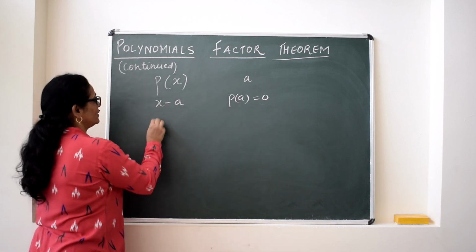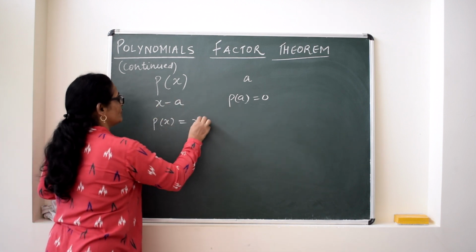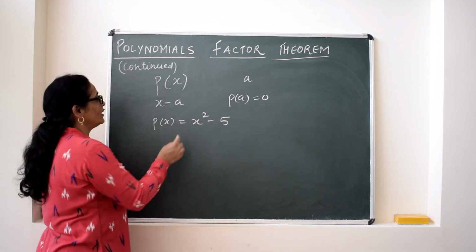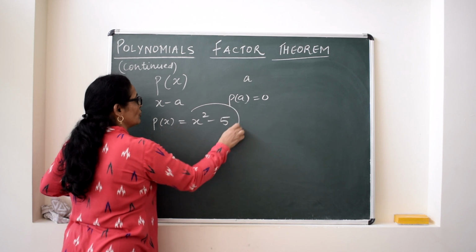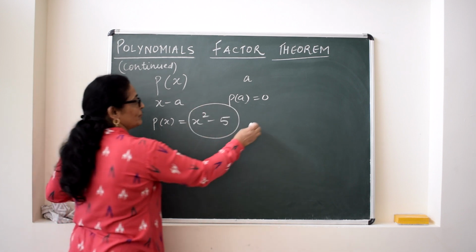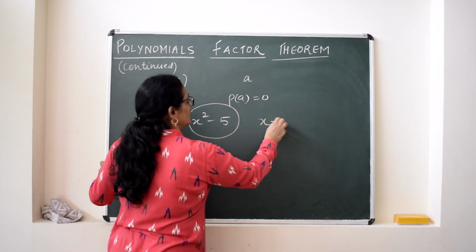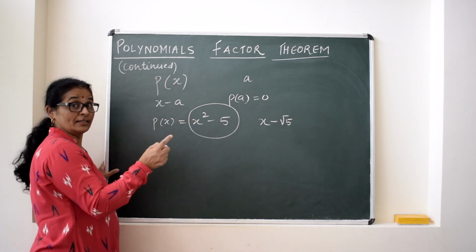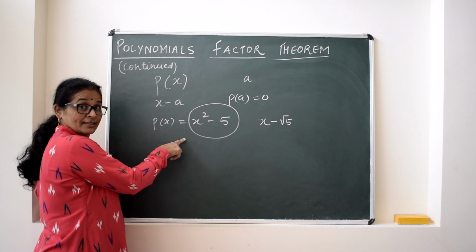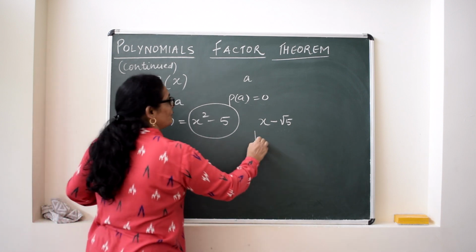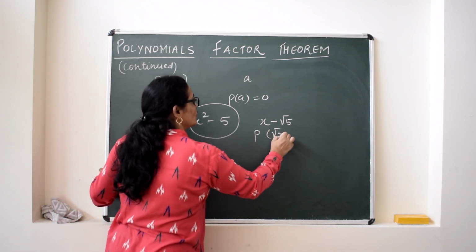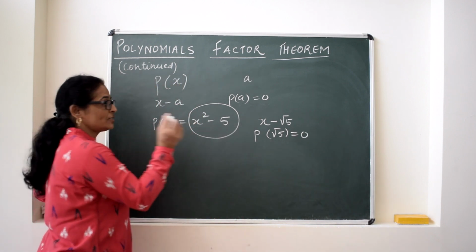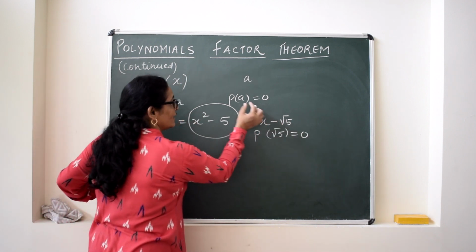For example, if p of x is x square minus 5, and we are saying that x minus root 5 is a factor of this polynomial, then p of root 5 is 0. So here this root 5 is acting as a.